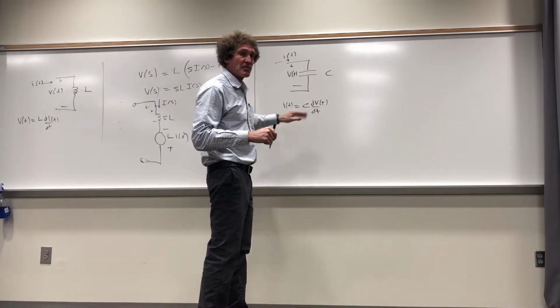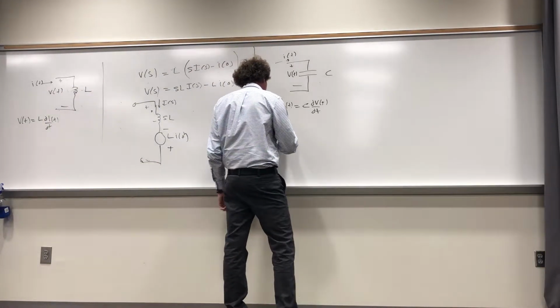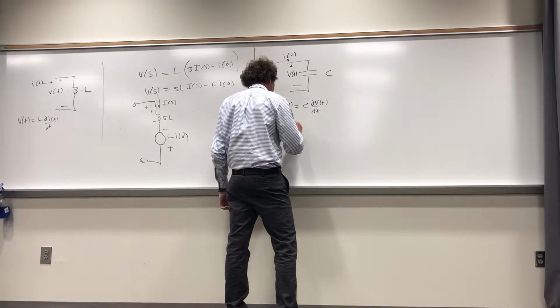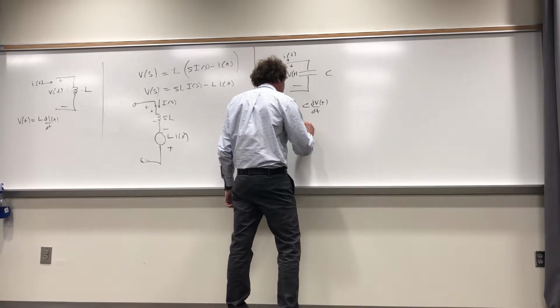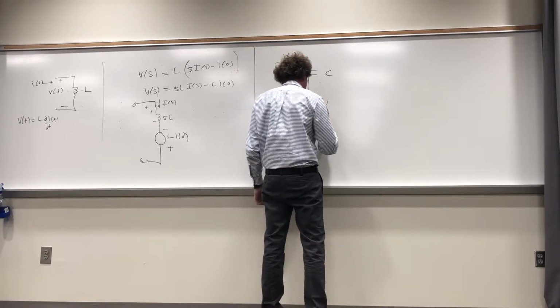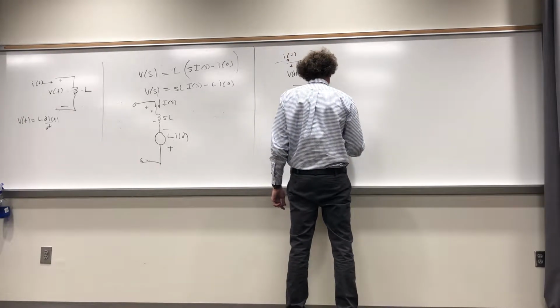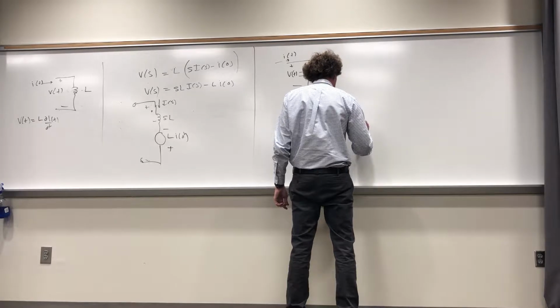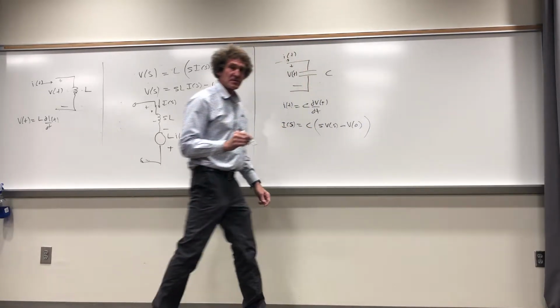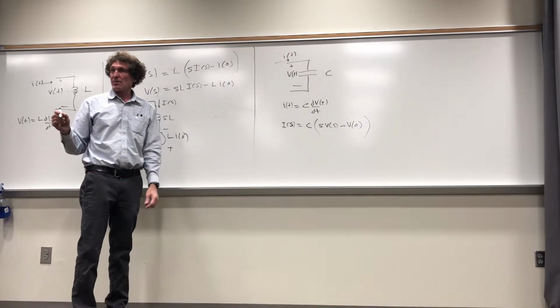So for this one right here, now this becomes I of S, right? If we go to take the Laplace transform, C times, and this would be S V of S, right? And then it's going to be minus V0. Y'all agree with that so far, what I've done? I'm going to rearrange the terms.